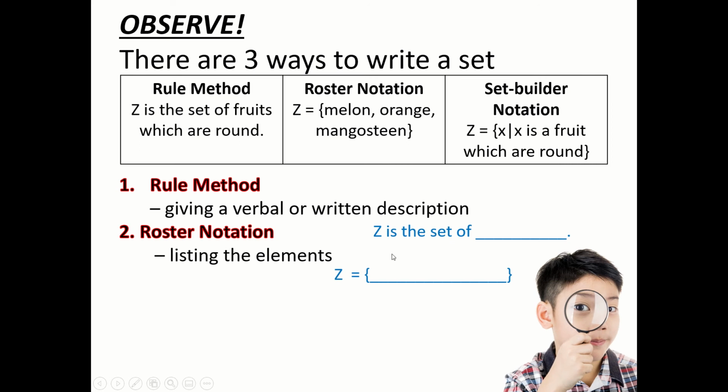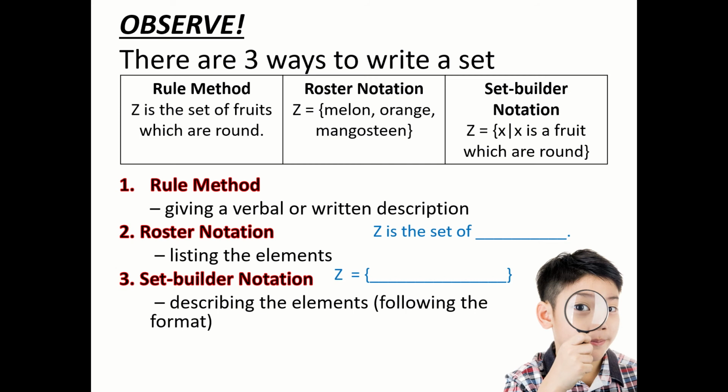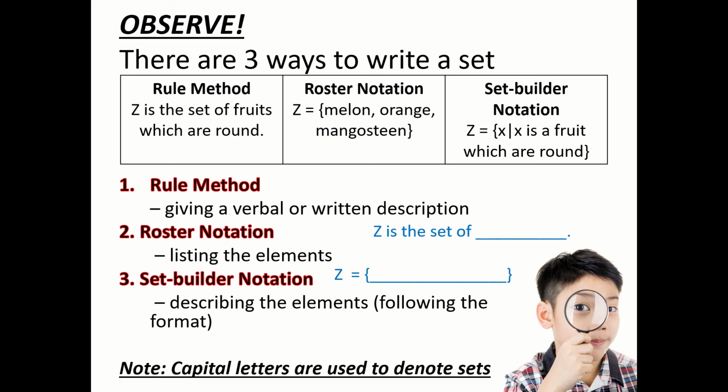How about if it's written now in set builder notation? When we use set builder notation to write a set, we are trying to describe the elements. So still, we follow a format. The format is typically Z is equal to the braces again.